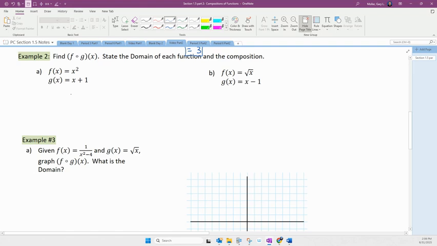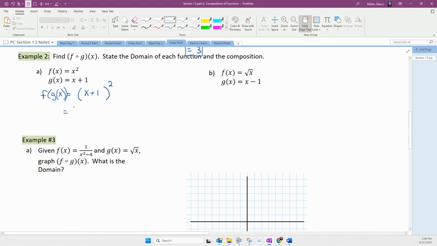Let's now build and find the new function. So f of g of x is equal to, take the function f, parentheses, squared. Plug in x plus 1. Since there's nothing else really going on in this one, we're not going to divide or add anything else.